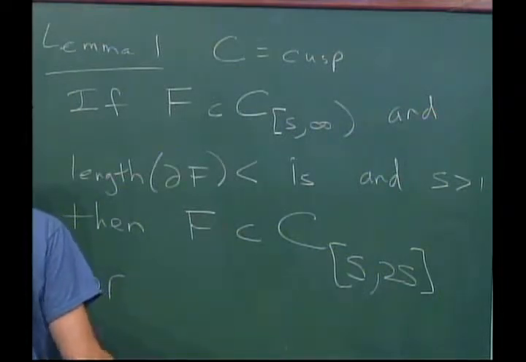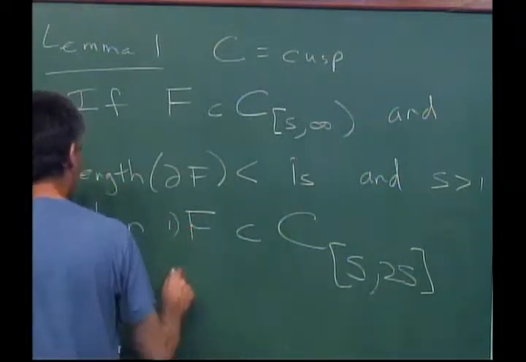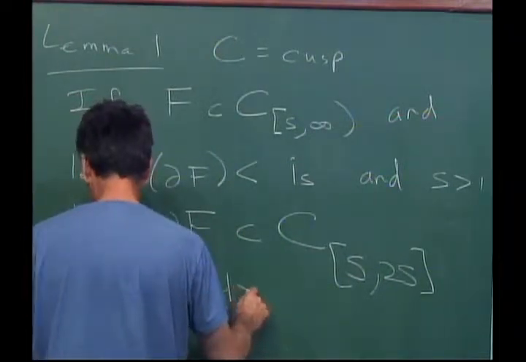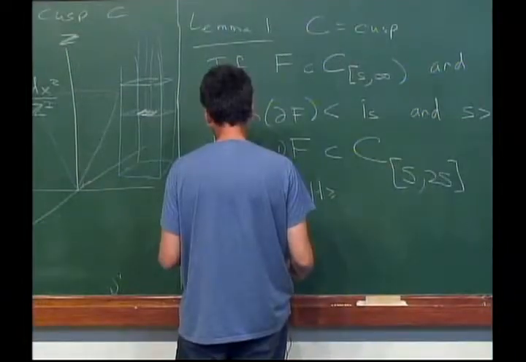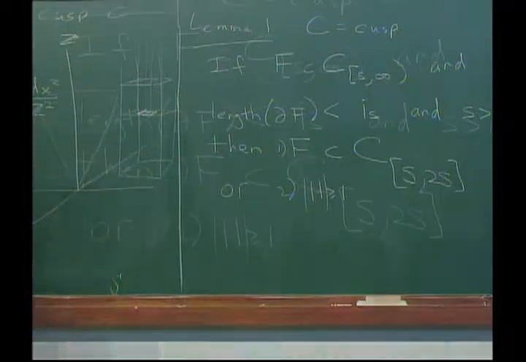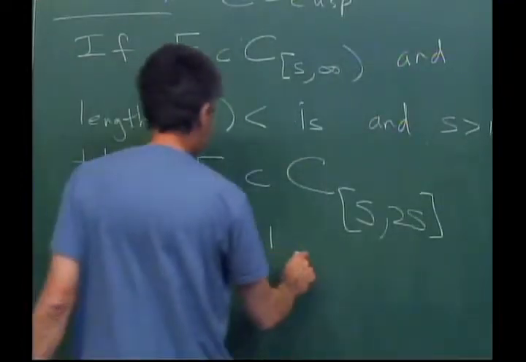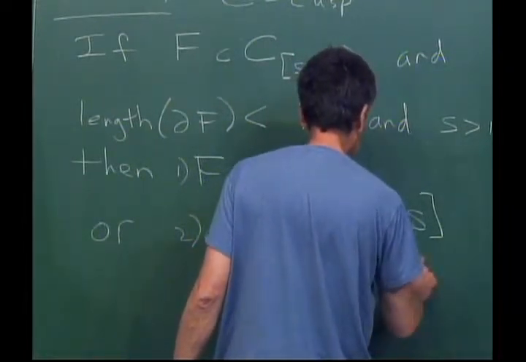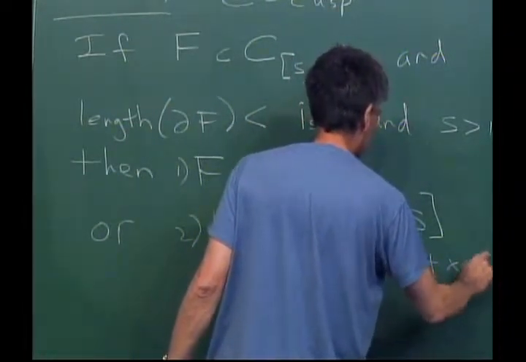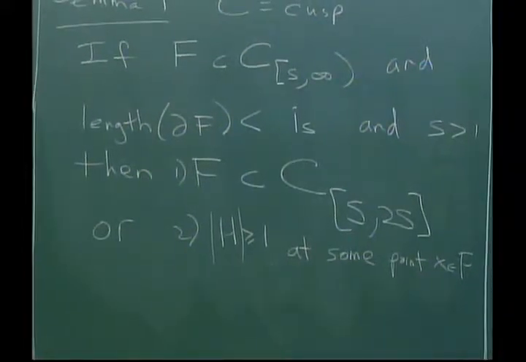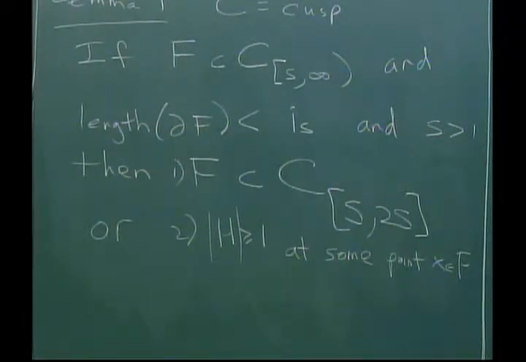Or there's a second possibility, that H is greater than or equal to 1 at some point. So if it doesn't, then at some point the mean curvature is greater than 1. I am assuming embedded, but I don't think I need to. They will be embedded in the application.